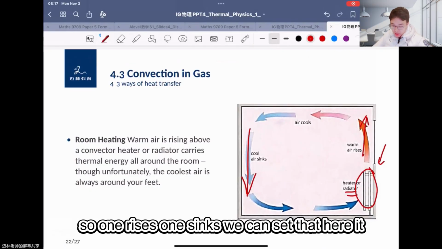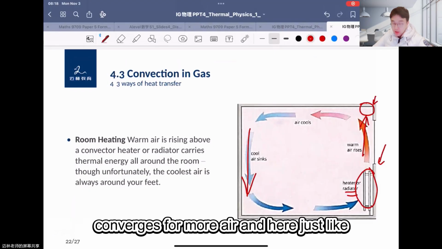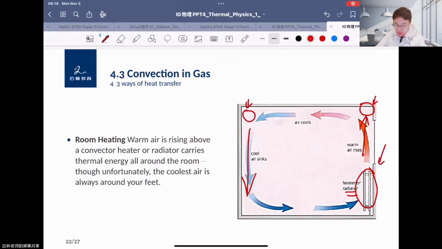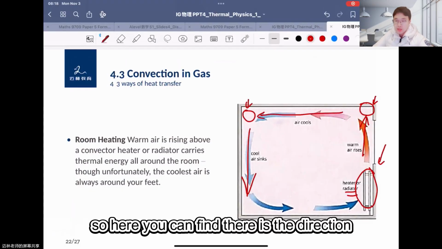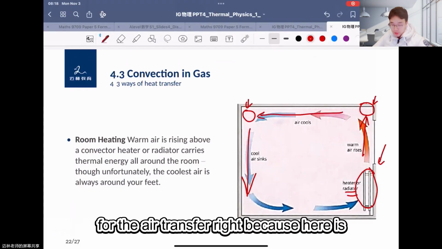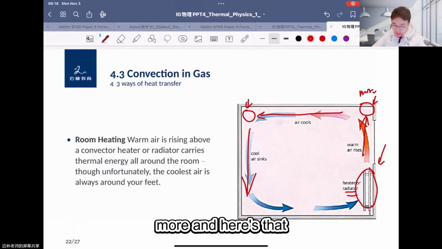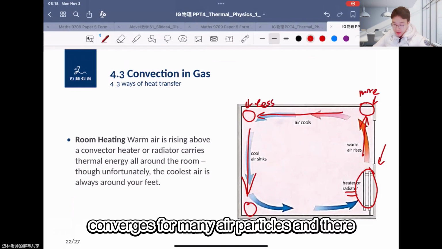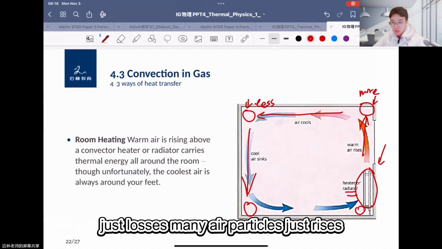We can say that here it converges for more air, and here some air just escapes or sinks, right? So here you can find there is a direction for the air transfer, right? Because here is more and here is less, okay? And also at the bottom, because many air particles converge there and many air particles are lost there since it rises, right?